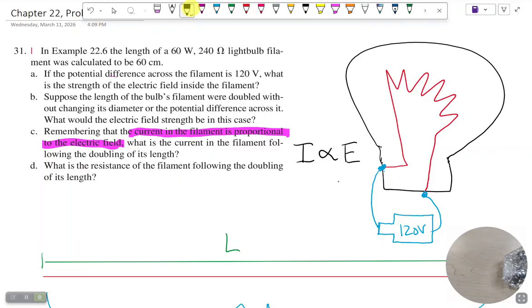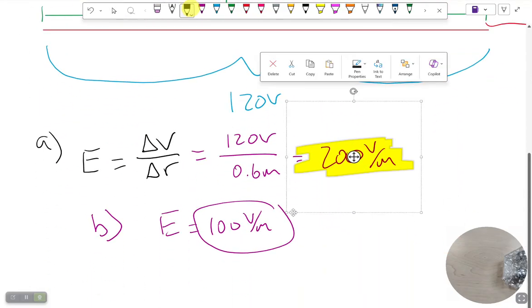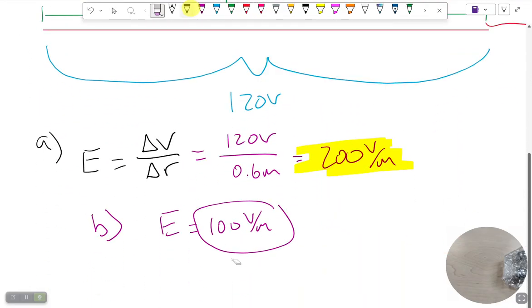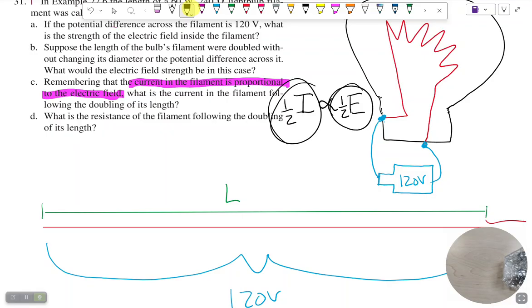We doubled the length, so this gets reduced by 2. If the electric field is halved, that must mean the current is also halved. So the current will also be reduced by 2.